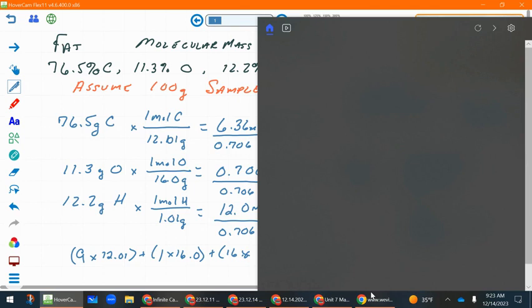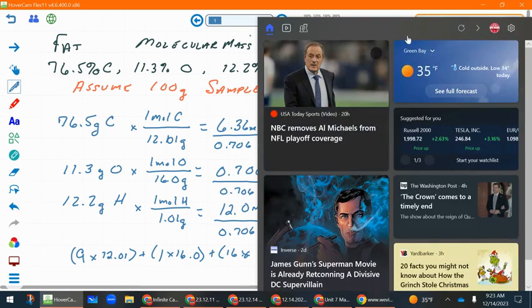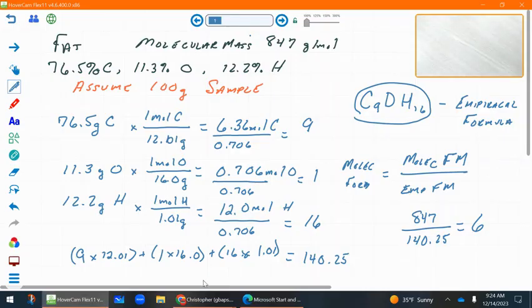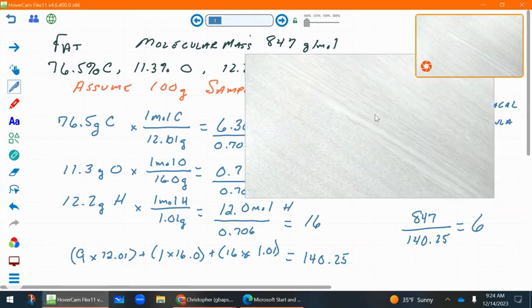So now, ladies and gentlemen, we take this formula here and everything in it times 6.